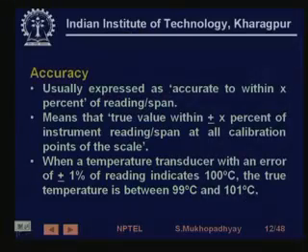So what it means is that if a reading is 100 and it has plus minus 1% of span accuracy, then the true temperature will be between 99 and 101 degrees centigrade.